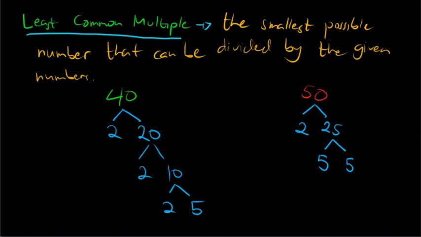Ganito lang ang kailangan natin gawin. Kailangan nating isulat lahat ng kanilang prime factors sa baba and then i-multiply all together. Kaya lang, here's the key concept. Kapag merong magkamukha na prime factor, halimbawa itong si 2, parehas silang merong 2, isang beses ko lang siya kailangang isulat.